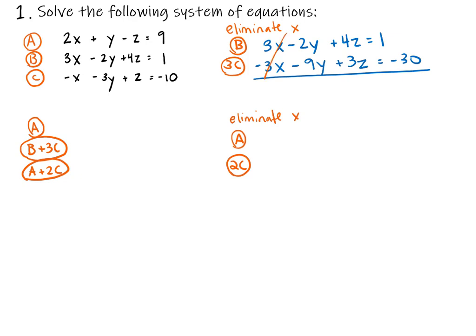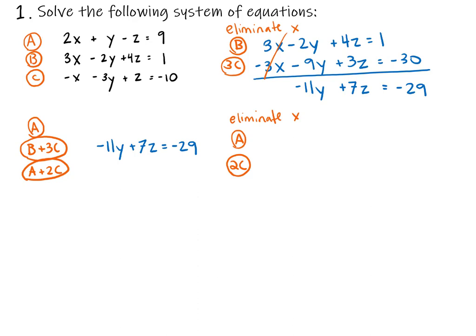My x's should be eliminated, and I end up with negative 11y plus 7z is equal to negative 29. I'll put that on this line: negative 11y plus 7z is equal to negative 29.